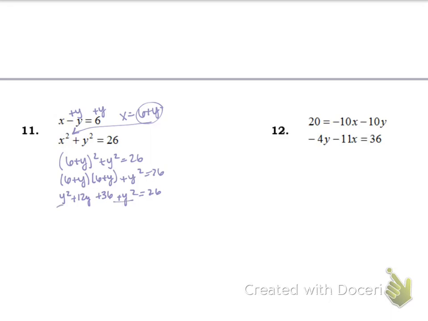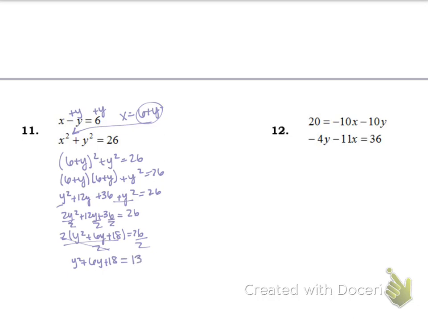So my y squareds would get me 2y squared. And it looks like they all have a 2 in common that we could take out. Stick it in front. And then we can move them over so we can get our y squared to be alone. Make sure you do it to both sides, because then I got 13.